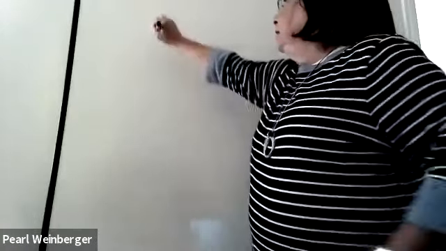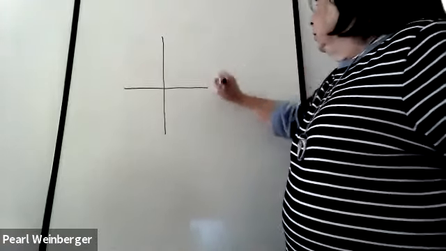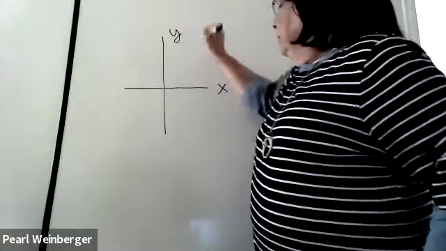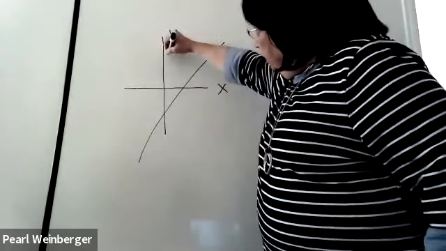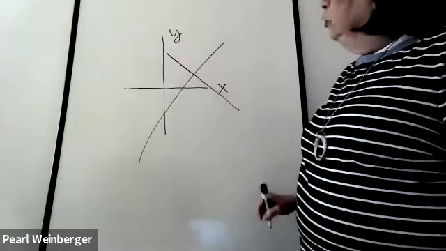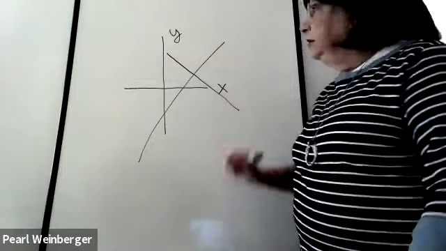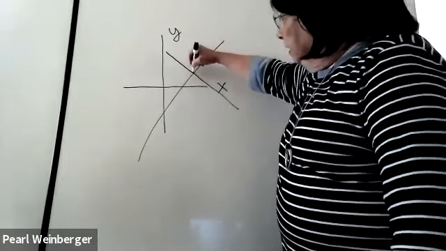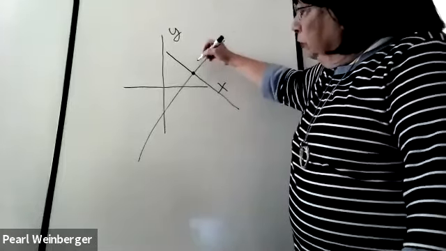Sometimes I have lines that look like this. Here's my graph. And I have one line that goes this way and one line that goes this way. It's crossing it. These are not parallel lines. They are intersecting lines, but they're meeting in a particular way.